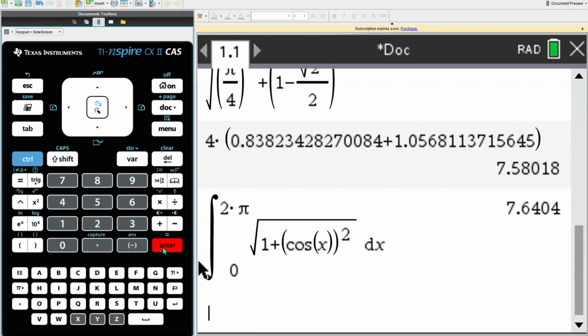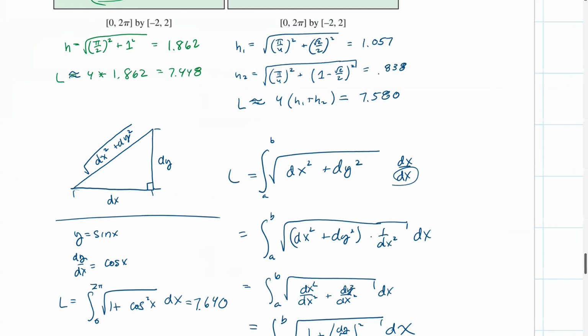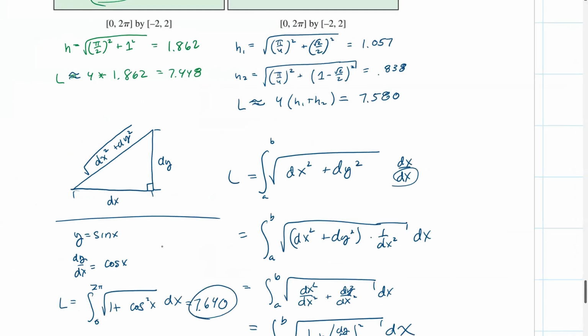And there we have it, 7.640. And we're going to note, of course, that's a little bit bigger than our other estimates because we're no longer having those little gaps between the hypotenuse and the real curve.